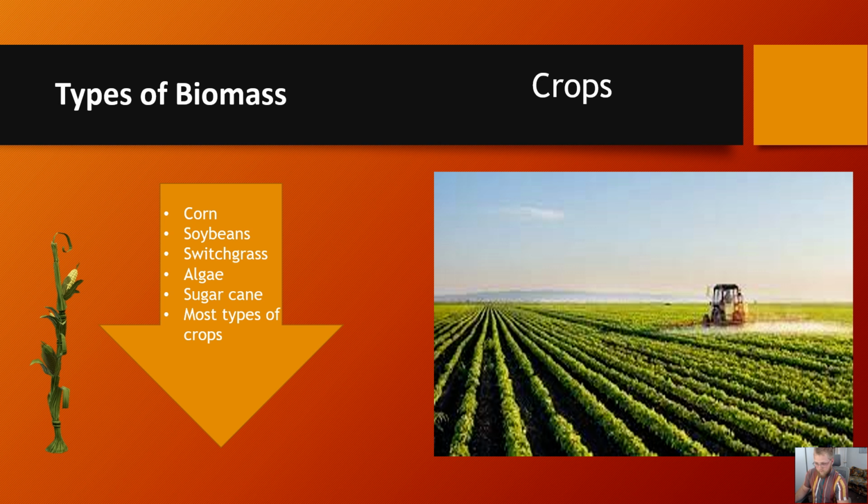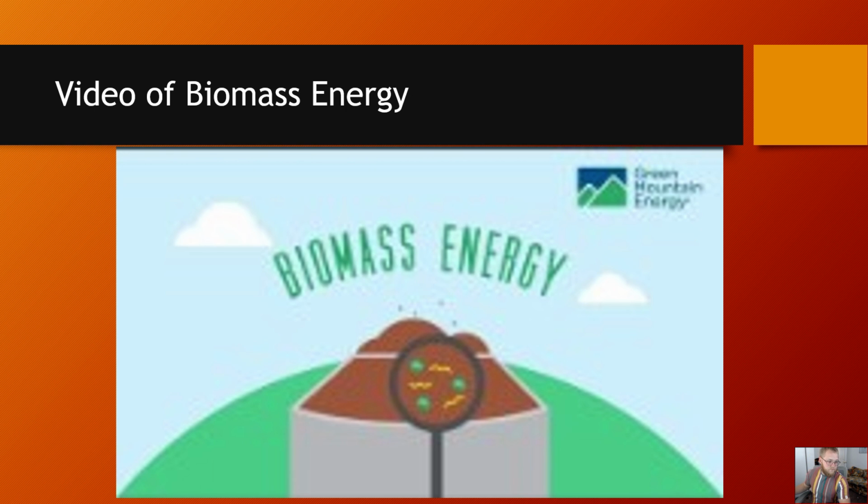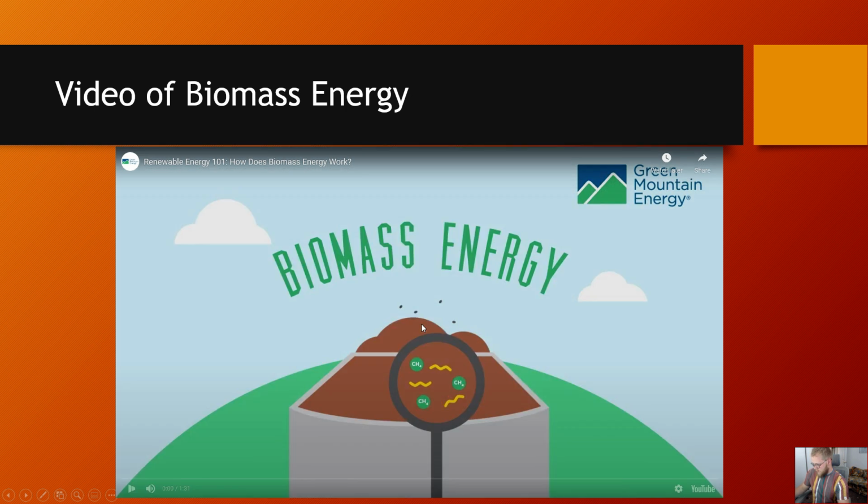Crops, so what our farmers produce: we have corn, soybeans, switchgrass, algae, sugarcane, and most other types of crops, and this falls into making the alcohol fuel, going through a process of breaking it down and converting it into an alcohol-based fuel source. And I got this quick little video to watch.